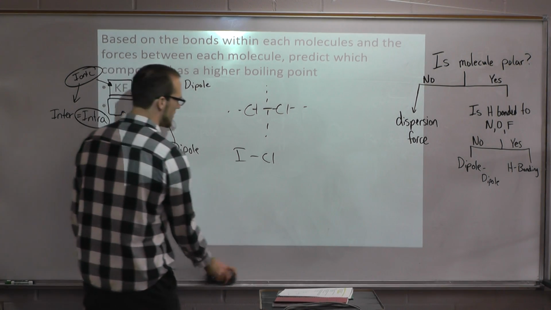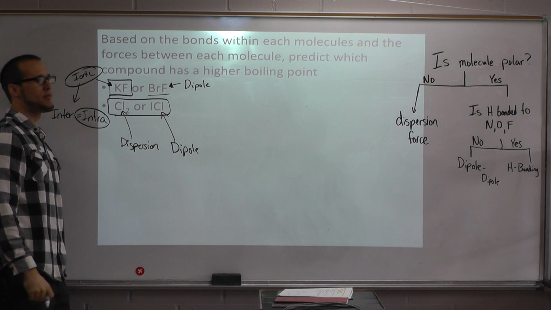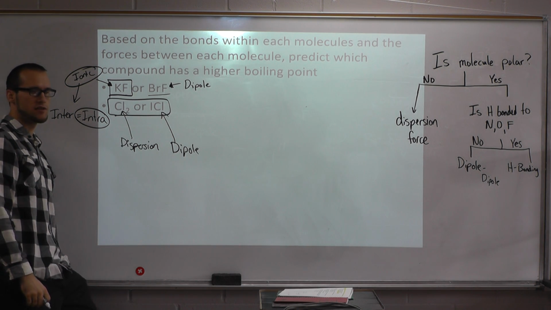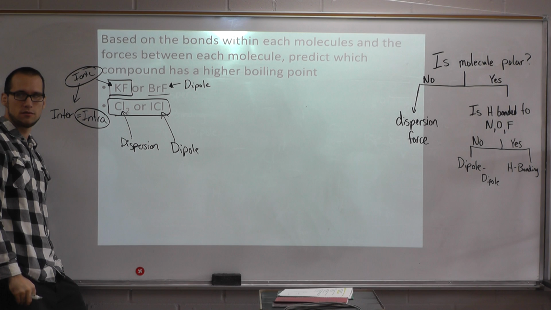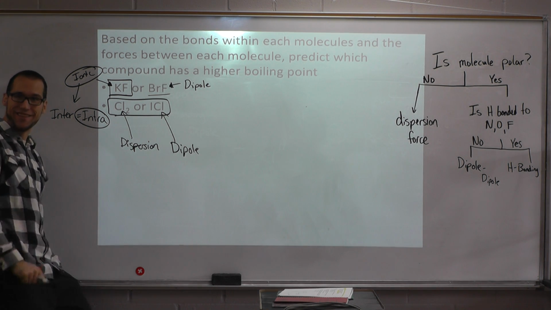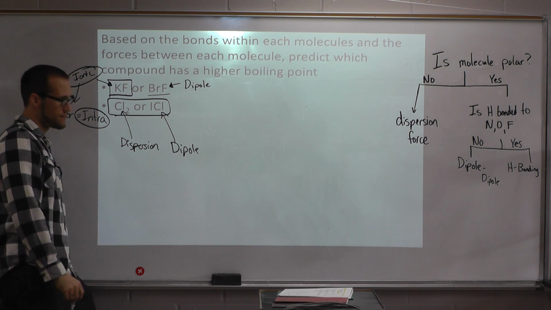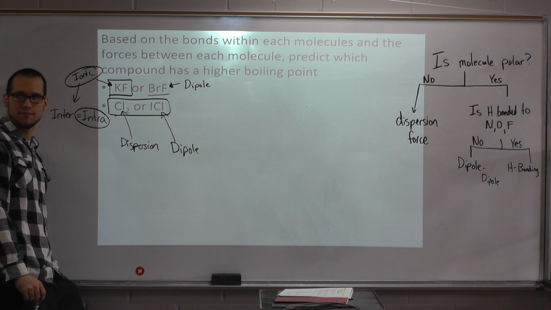Now, based on this, which of the two has the higher boiling point and why? Raise your hand. Go ahead. I put iodine chlorine because it's harder to break it apart.